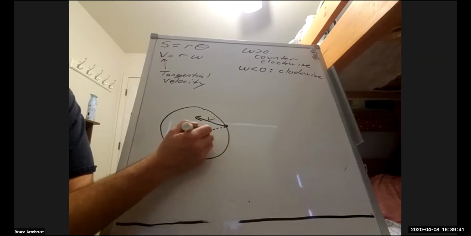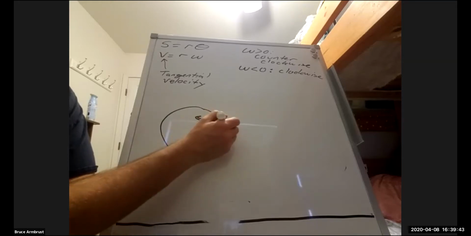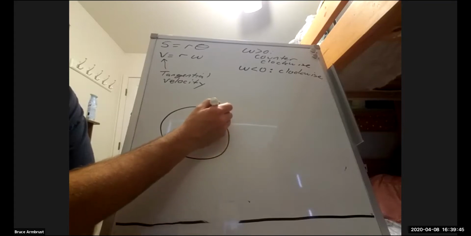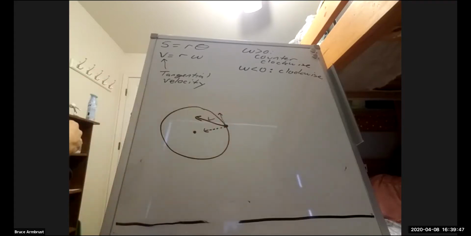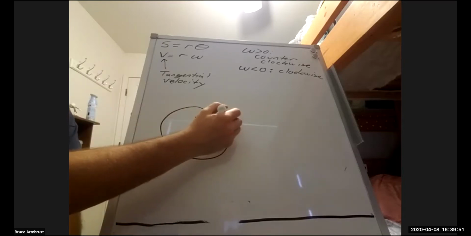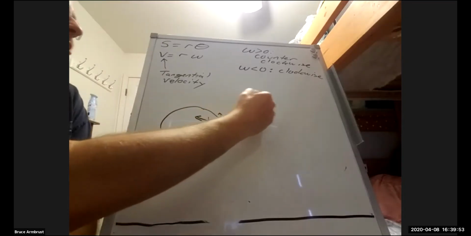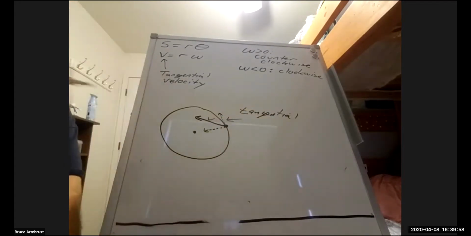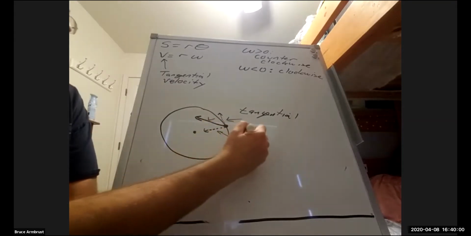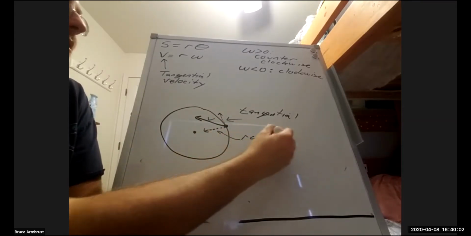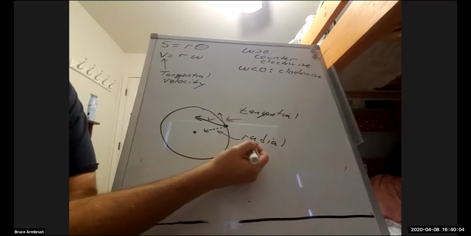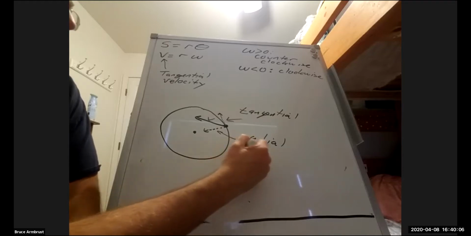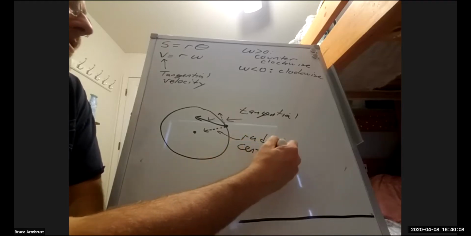One that points towards the center, and the other that's tangent to the curve. And so it's this one right here that's the tangential. The other one, we call this radial. Another word that you'll sometimes see other than radial is centripetal.